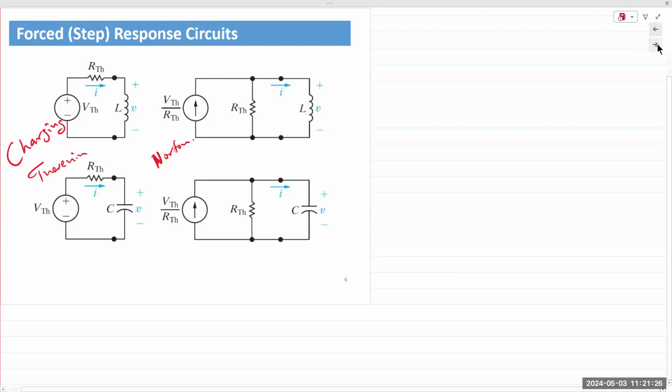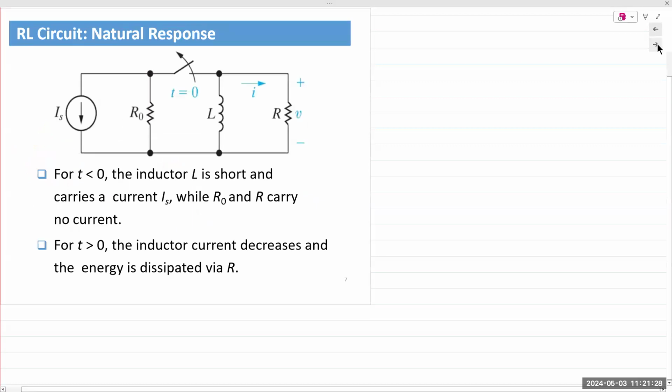So let's look at the first circuit. RL, natural response. What I want to point out first is the switch right here at the center. This is the most important piece of the circuit diagram from where you will extract information.